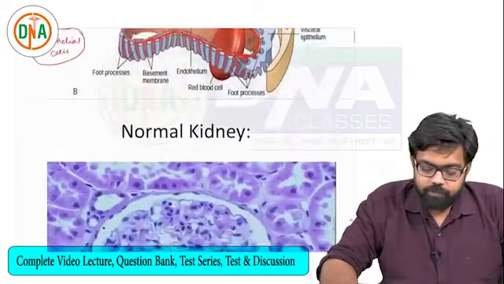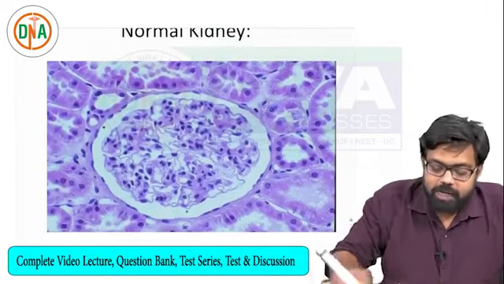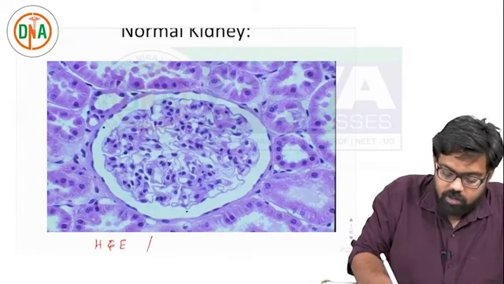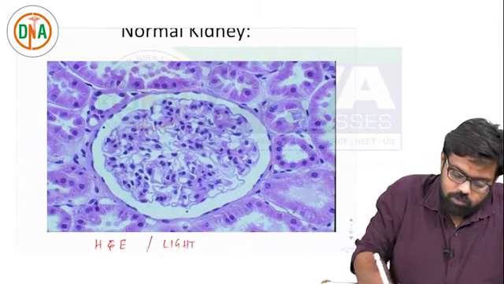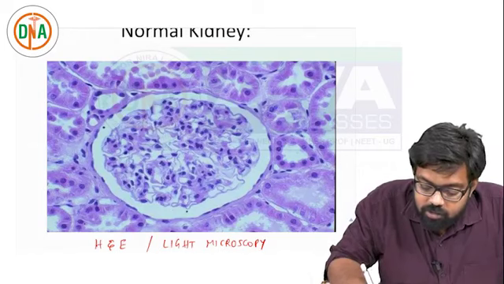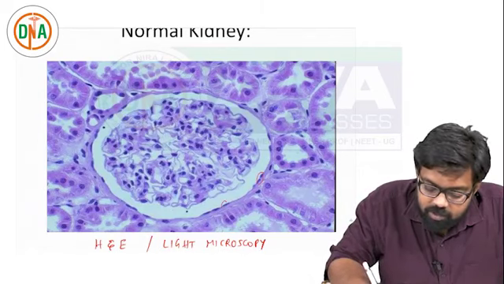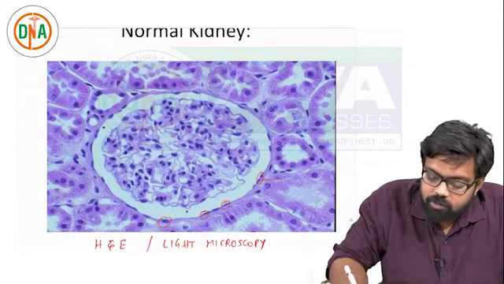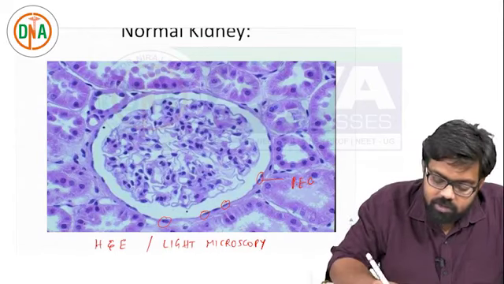Fine. So what you're looking at is a normal H&E on light microscopy. So this is a normal kidney. These are the parietal epithelial cells. These are the nuclei of the parietal epithelial cells. So we can write over here parietal epithelial cells.